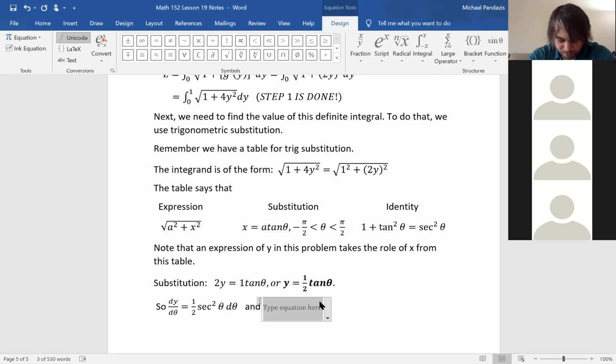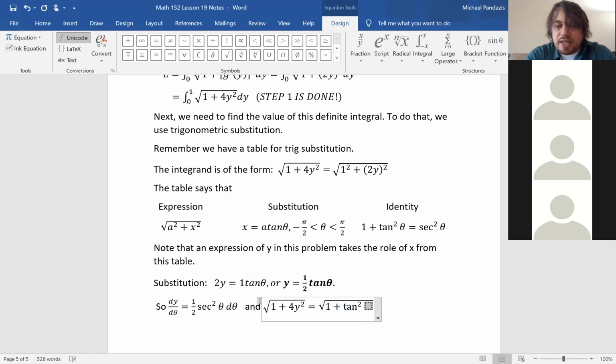And the square root of 1 plus 4y squared, the integrand, is equal to the square root of 1 plus, well, y is 1/2 tan theta, so y squared is 1/4 tan squared theta.